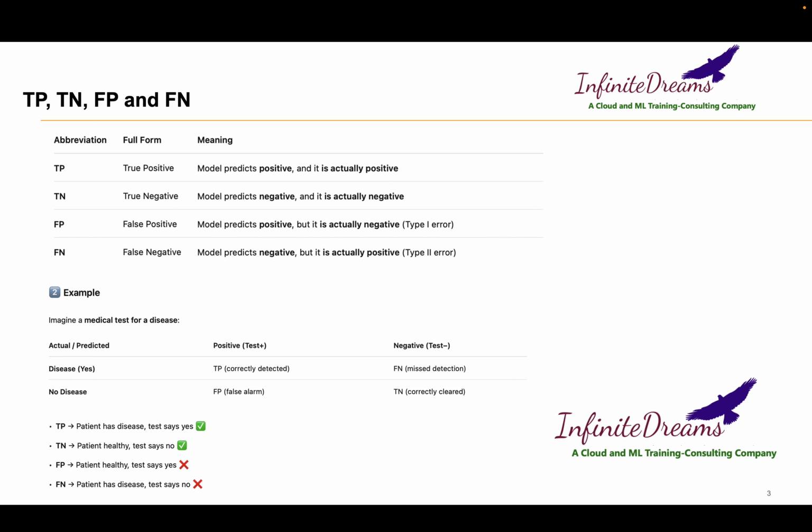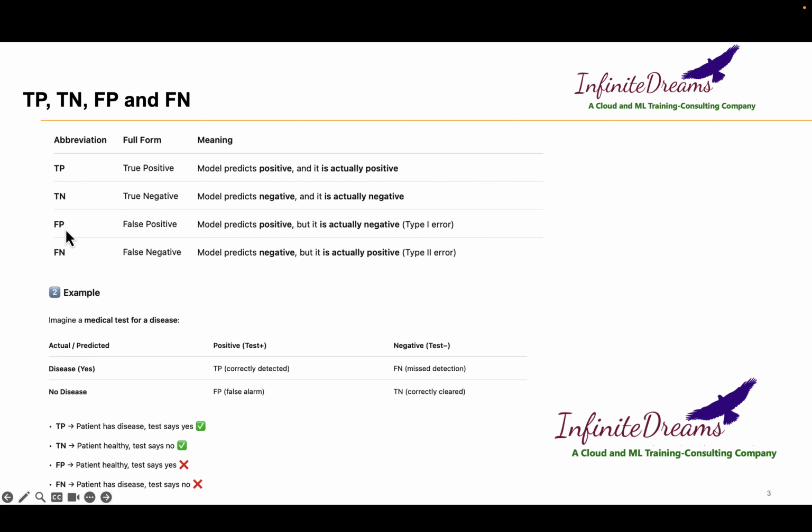So true positive means the model is predicting positive and the actual result is also true. And in the same way, true negative, the model is responding negative and the actual result is also negative.